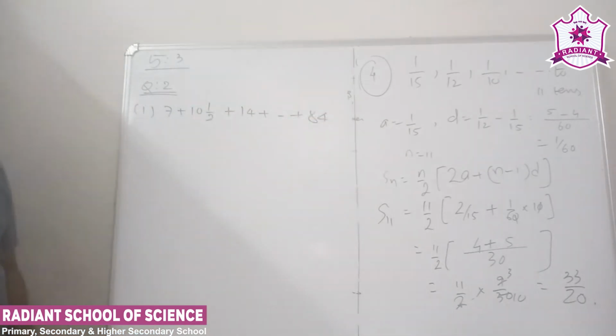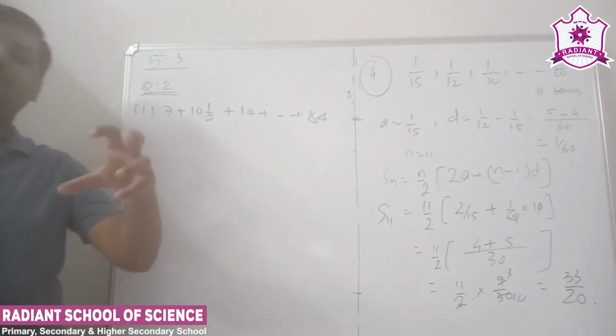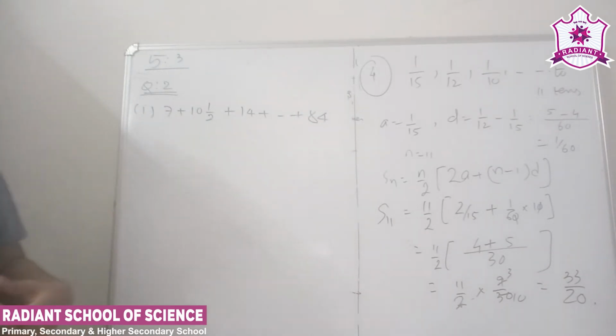Here it is called the arithmetic series. When a sequence is added up, it becomes a series. It is called the arithmetic series. Here a is given, d is given and the last term is given, but n is not given. And we also have to find the sum.